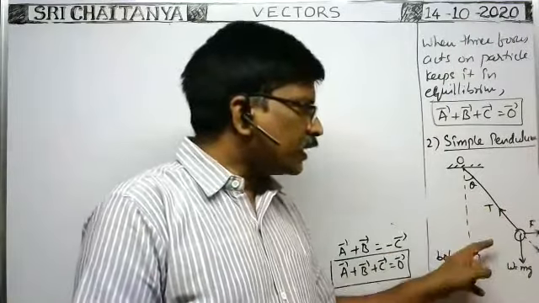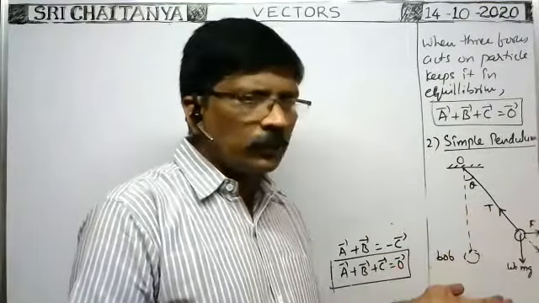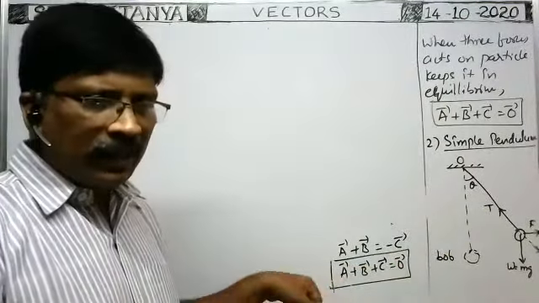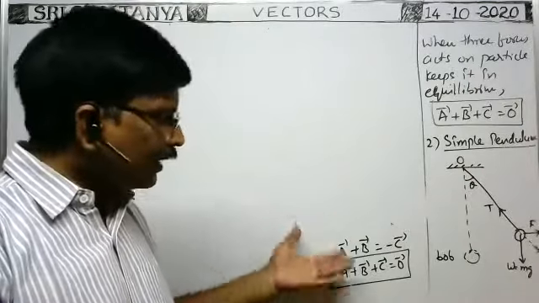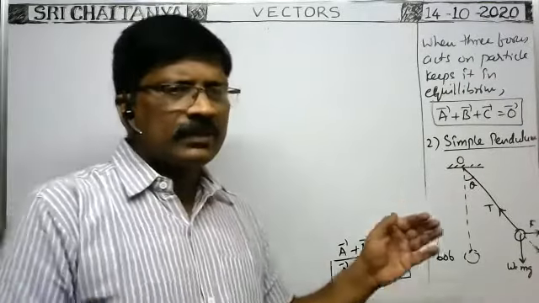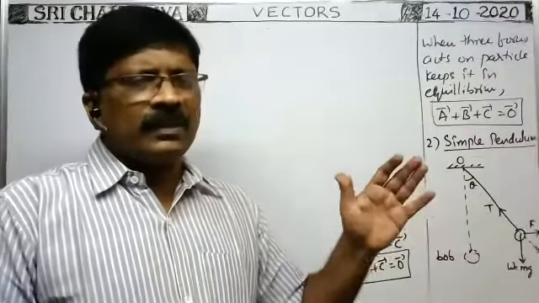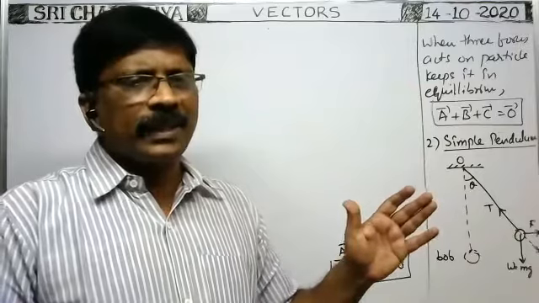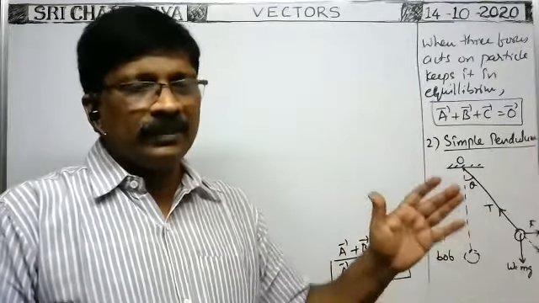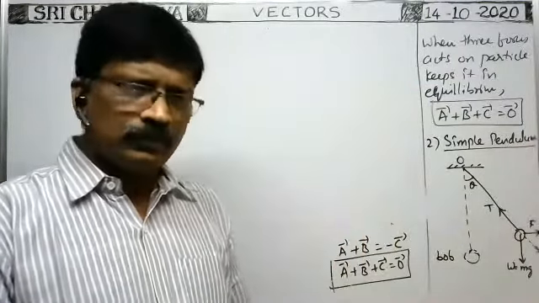The vector sum of these three forces is equal to 0. According to the triangle law, it can be said in another way also. When three vectors act on a particle simultaneously and keep the particle in equilibrium, then the three vectors can be represented as the adjacent sides of a triangle taken in order.